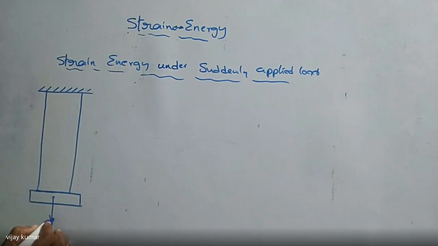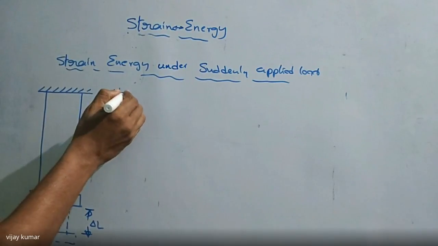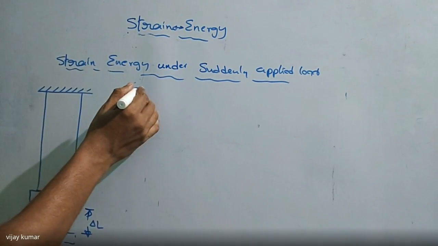This weight is equal to P. Then automatically this bar will expand up to this point due to that suddenly applied load. So the load is not applied gradually here. The load is applied suddenly, so this is the deformation or elongation of the material, delta L.